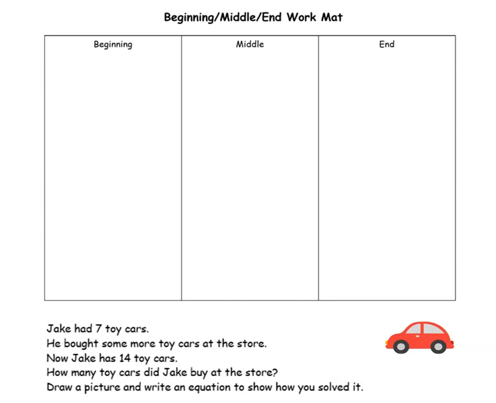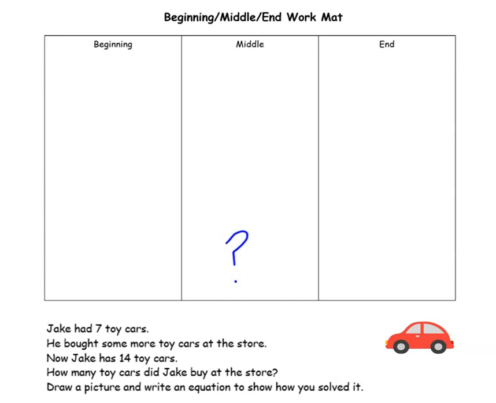So what's happening in the beginning? We know that he had some toy cars. But then he bought some more at the store. Do we know how many he bought at the store? No, we don't know. So what we are wondering is how many he bought.